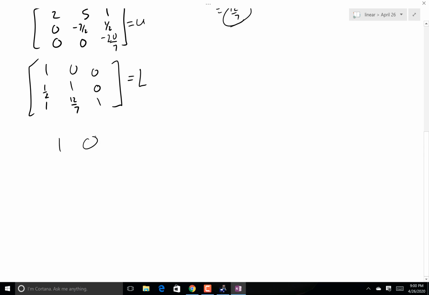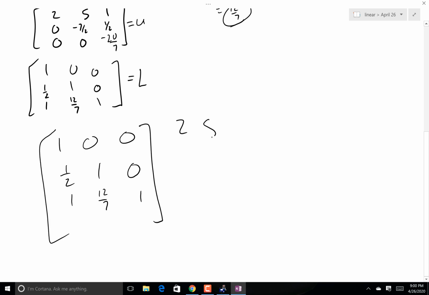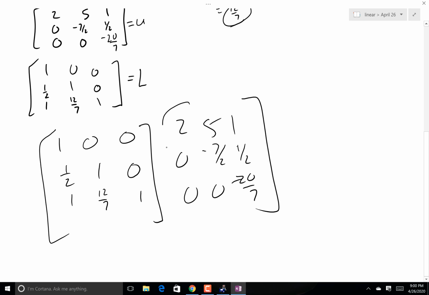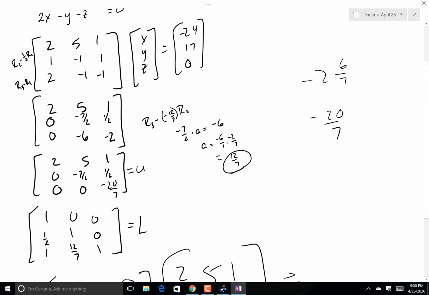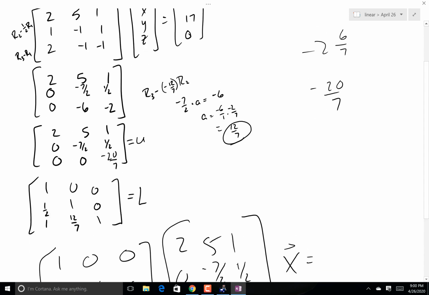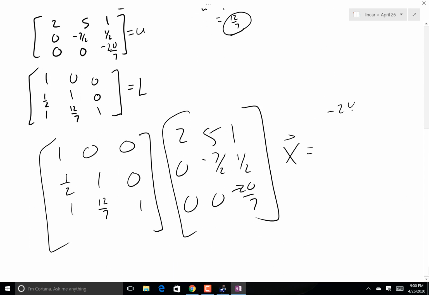So remember, actually, let's call this x is equal to negative 24, 17, and 0.